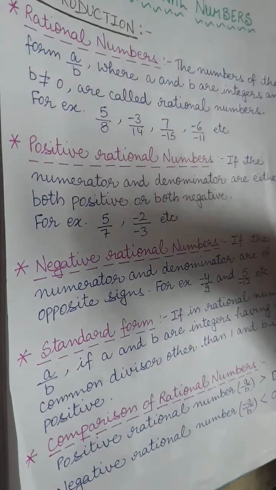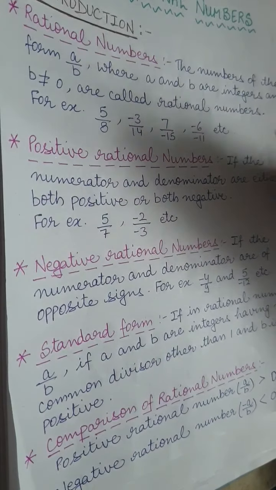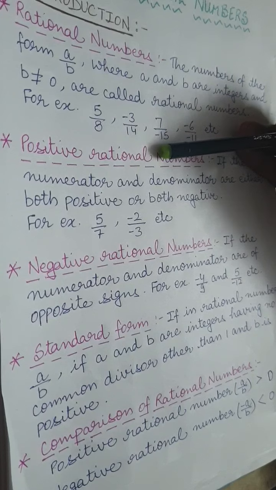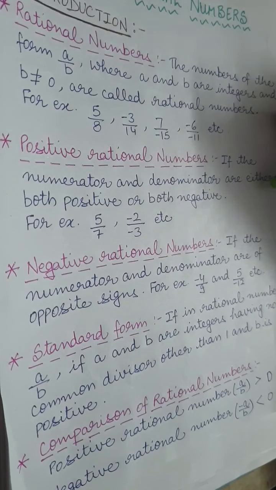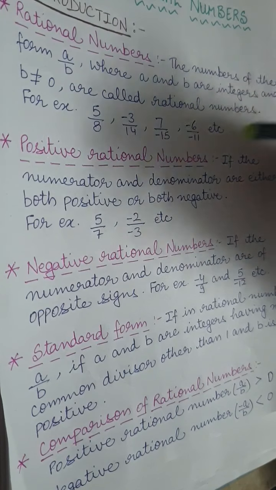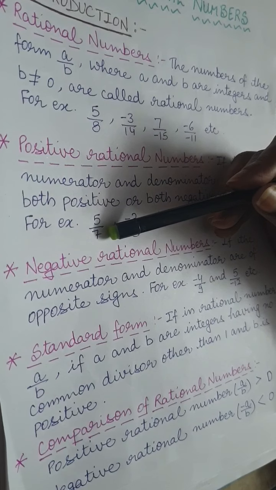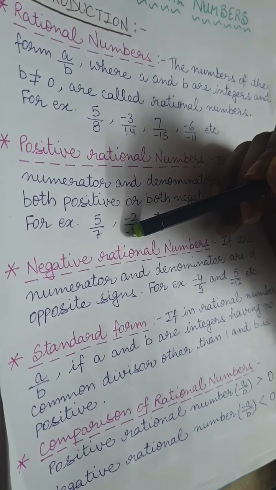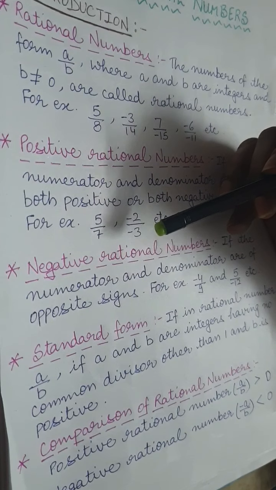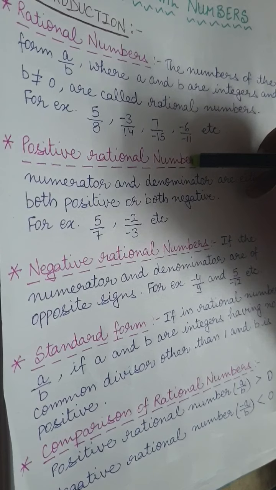Fine. There are two types of rational numbers, positive and negative rational numbers. What are positive rational numbers? If the numerator and denominator are either both positive or both negative, means जो numerator और denominator है या तो वो positive हो या फिर दोनों क्या हो, negative, then it will become a positive rational number.